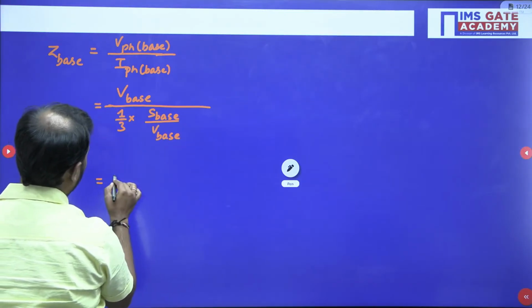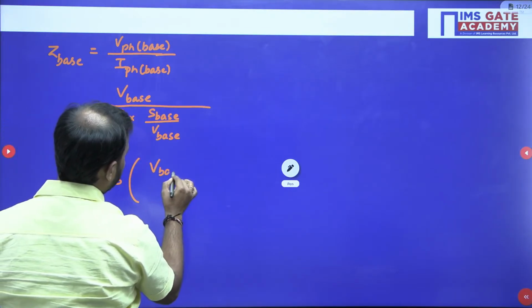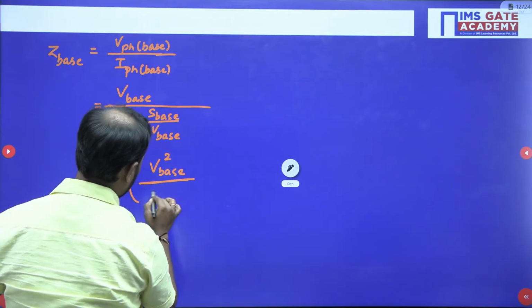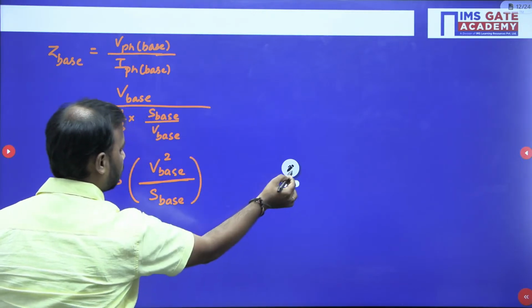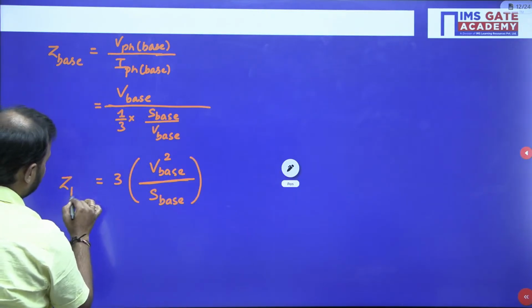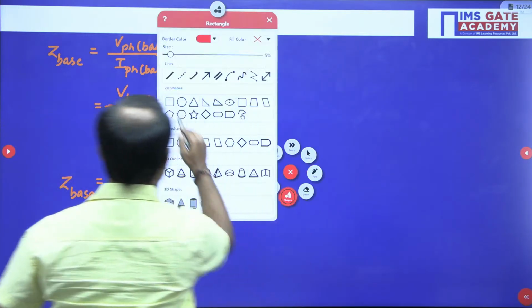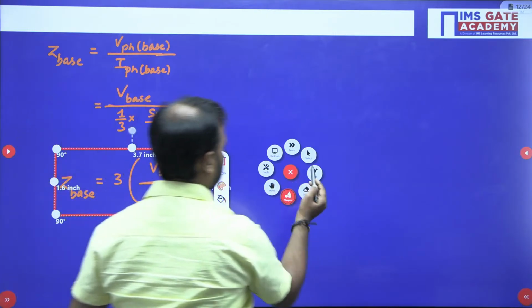This is nothing but 3 times V base square whole divided by S base. So this is Z base of your delta connection. Okay, great.